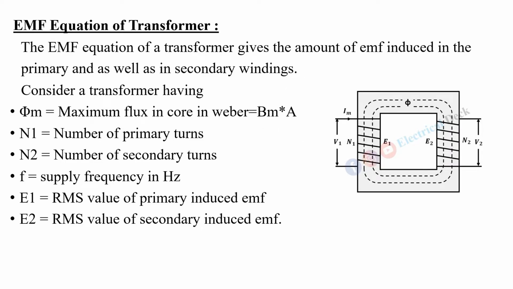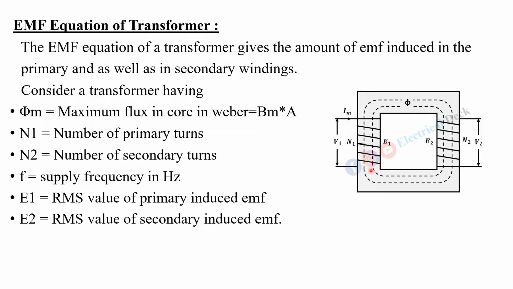First, let us discuss the EMF equation of a transformer. We know that transformers work on the basis of Faraday's laws of electromagnetic induction, that is, mutual induction here. A transformer must have two windings, primary and secondary.